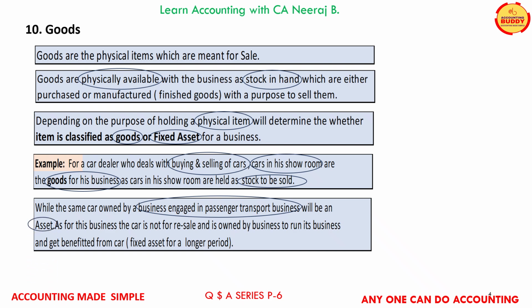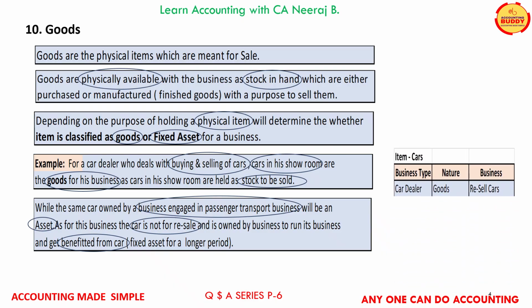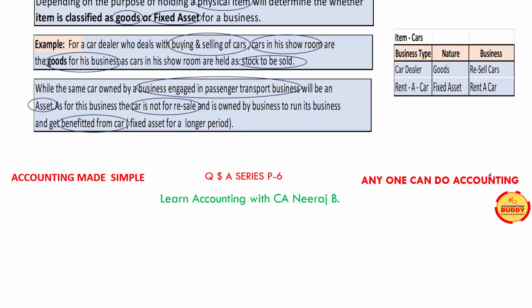It is a fixed asset for such business because number one, it is not meant for resale, and second, it is used to help the business operations and generate revenue. To sum up, a car is a good for a business which holds cars as stock to resell them, while a car is a fixed asset for the business which offers cars for hourly, weekly or monthly rental, and these cars are not meant for resale.